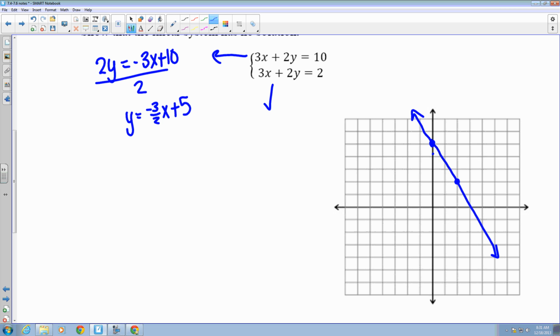Okay, I'm going to graph the bottom one in green. So same thing, I'm going to subtract 3x, divide by 2. I start at 1, and I go down 3 over 2.